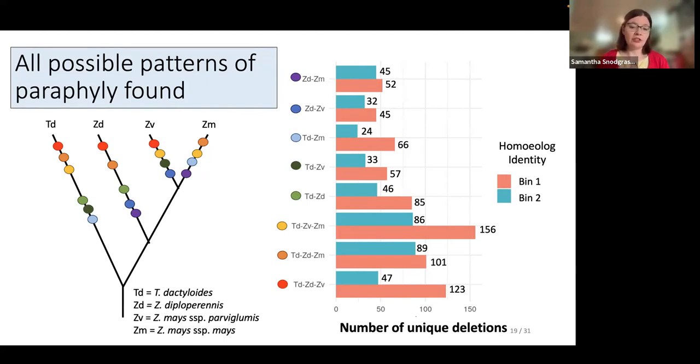I think it also might have to do with, especially for Diploperennis, it's a very heterogeneous assembly. There might be lots of gaps that could also cause some of this missingness.